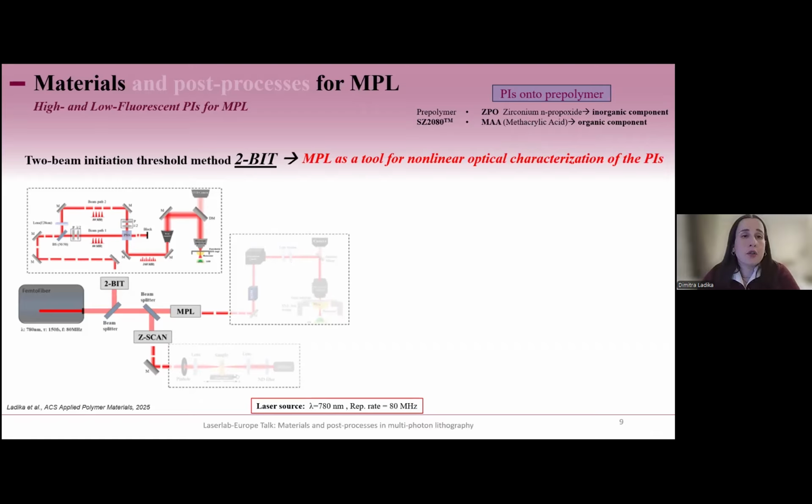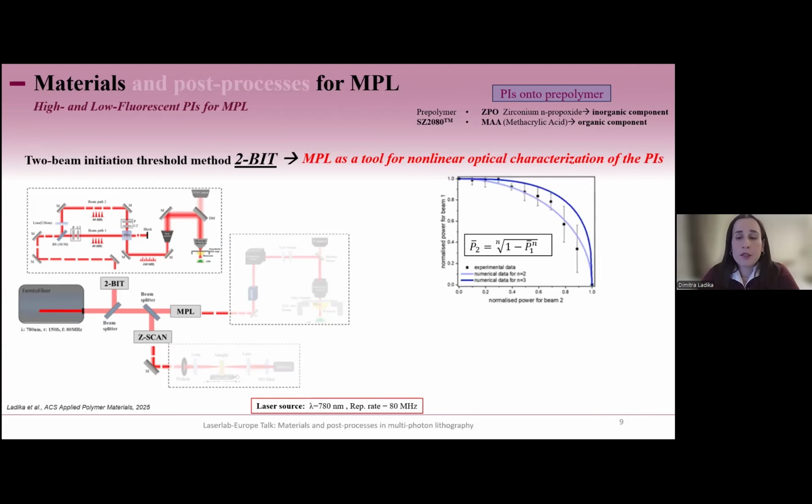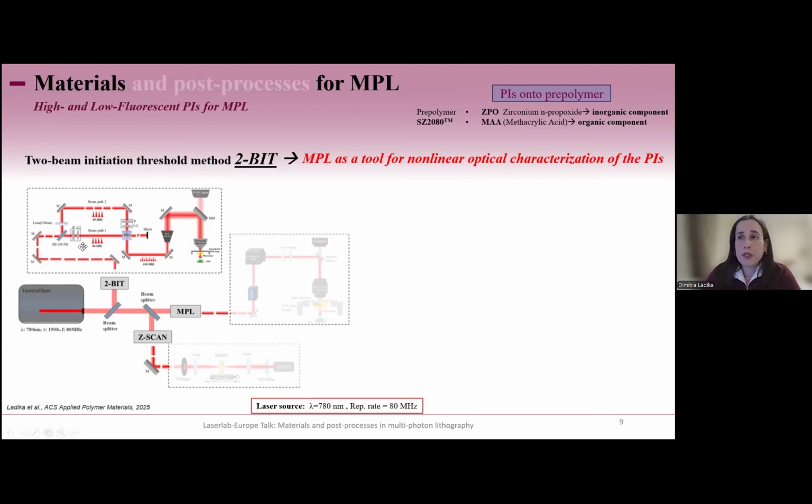So we used MPL as a tool for nonlinear optical characterization, by using a technique called 2-beam initiation threshold, which uses a laser beam that is split, as you can see here from the setup. The laser beam is split into 2 equal parts and controlled before being combined and directed into the MPL setup.